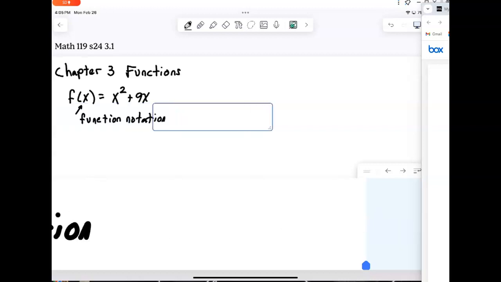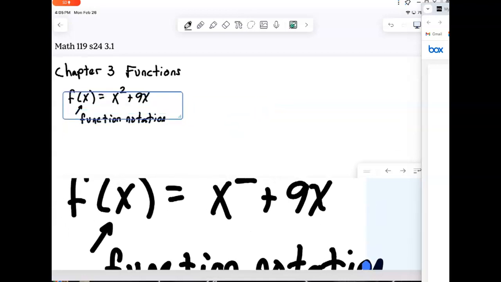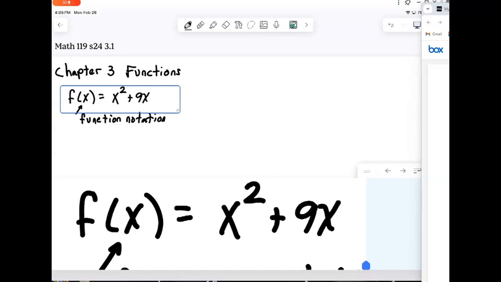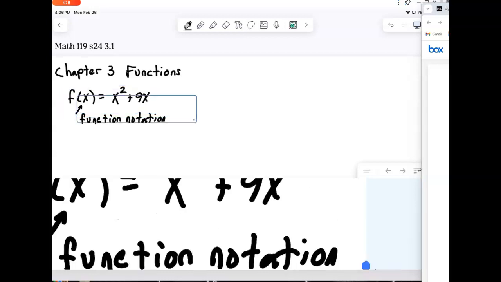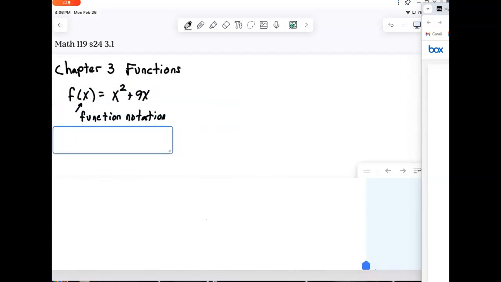And we're going to review that a little bit more later on, but just pointing that out. Remember, that's not f times x, right? In fact, that is a notation that indicates that f is a function of x. So in chapter 3, we're going to be looking at functions, or specifically graphs in terms of a function idea.